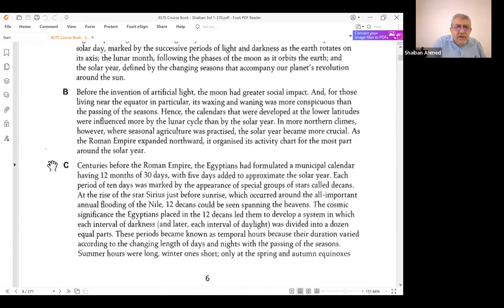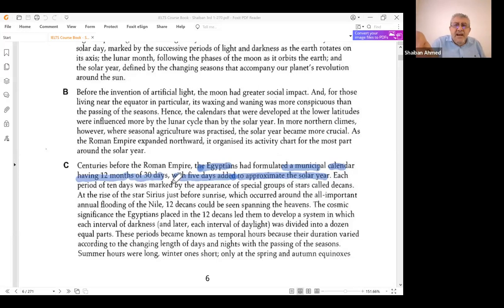Egyptians, paragraph C, had formulated a municipal calendar having 12 months of 30 days, with 5 days added to approximate the solar year.